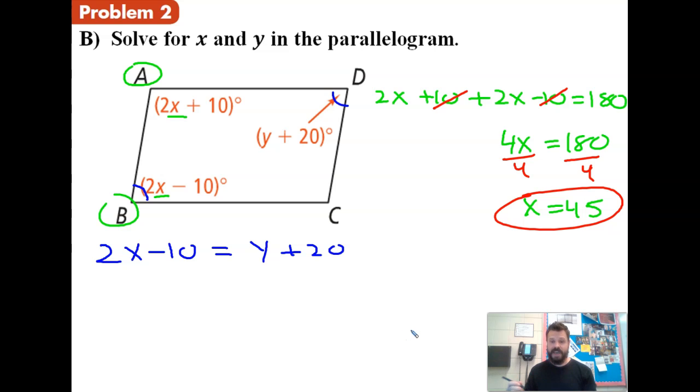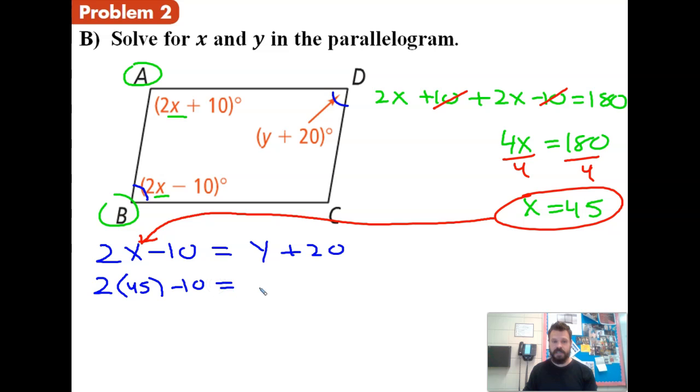All right, so there's half of my solution. And then once again, to get the y, I'll take this x and substitute it into my other equation with the y in it. So I could rewrite this as 2 times 45 minus 10 is equal to y plus 20. So in other words, 2 times 45, which is 90, minus 10 would be 80, is equal to y plus 20.